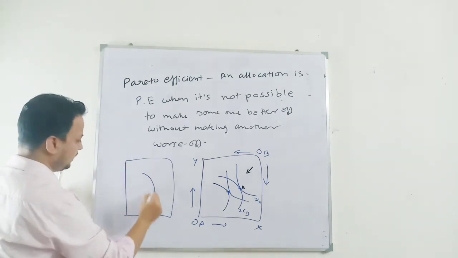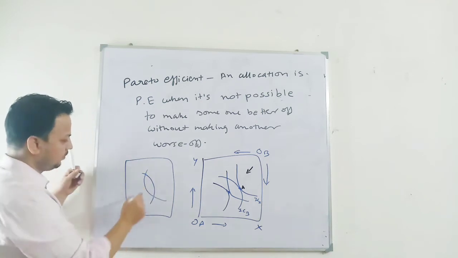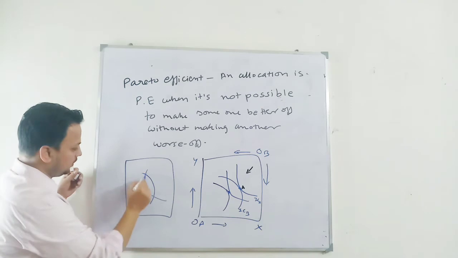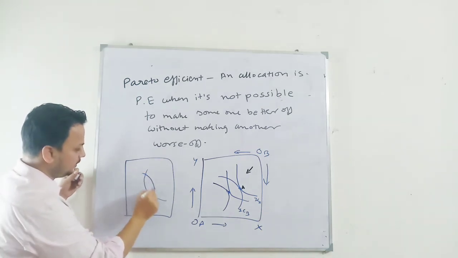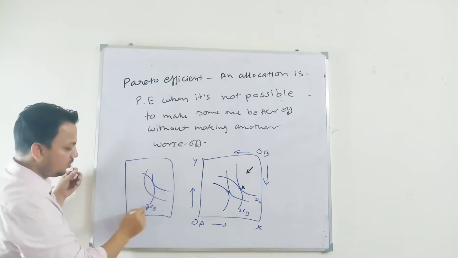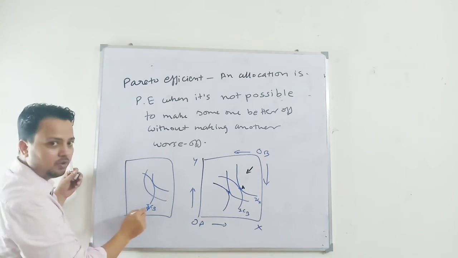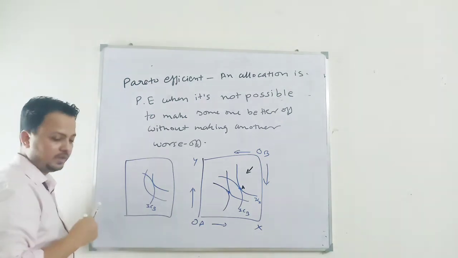This is the case when both are not tangent. So both are not tangents. This is the indifference curve of B. I can move A here on the indifference curve, right? Point number 3, remember? So without having any impact on the indifference curve or utility of consumer B, I am able to improve the utility of consumer A, right?